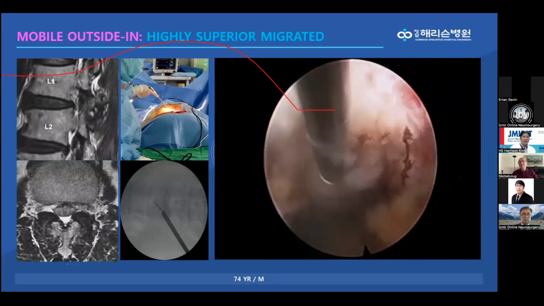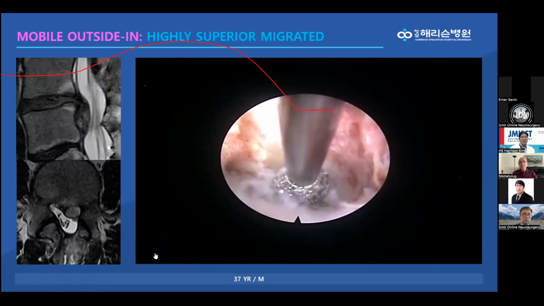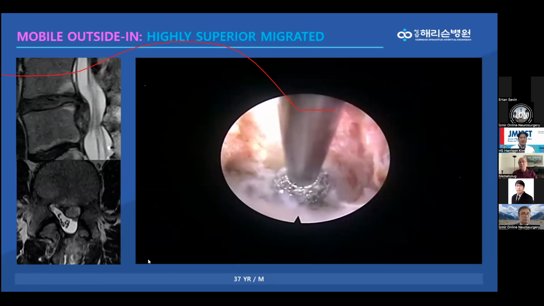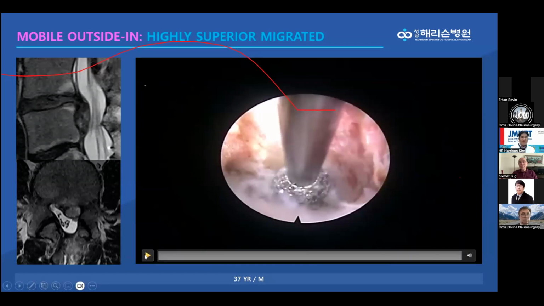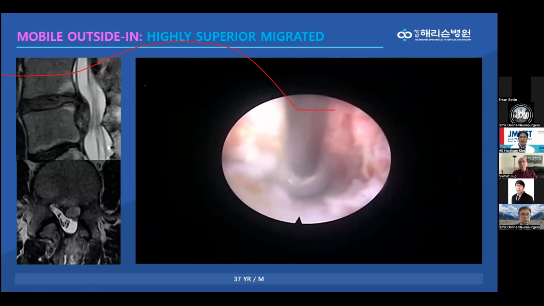Then after the operation, now we see how to approach the suprapedicular approach. I already mentioned that exposing the suprapedicular notch is the first step, and then it is possible to expose that area using the endoscopic drill.